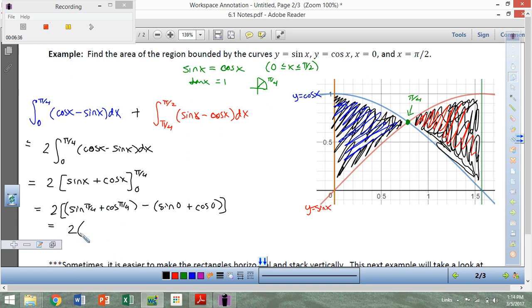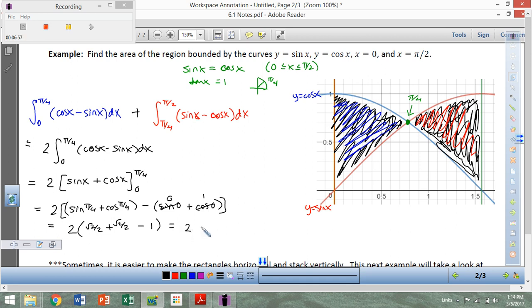Let's see, sine of pi over 4 is going to be the square root of 2 over 2 plus the cosine of pi over 4, which is also the square root of 2 over 2, minus sine of 0 is 0, and the cosine of 0 is 1, so it's going to be minus 1.